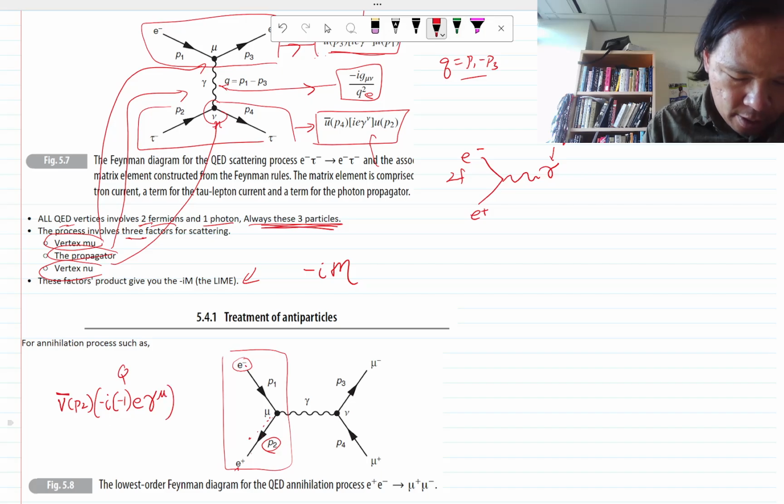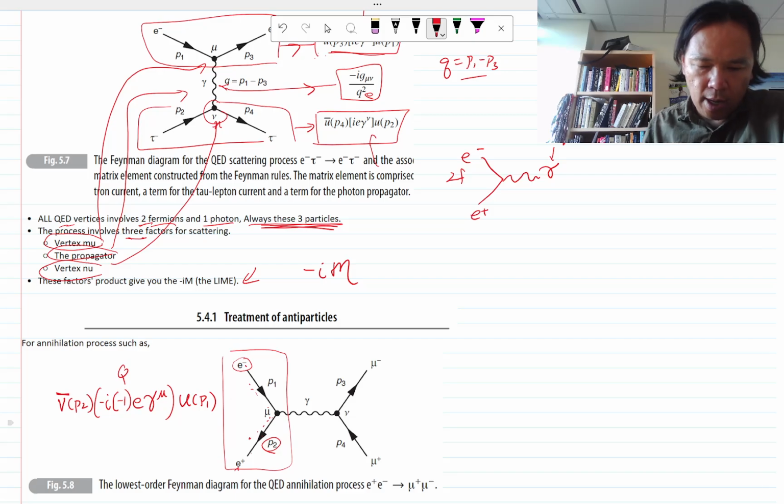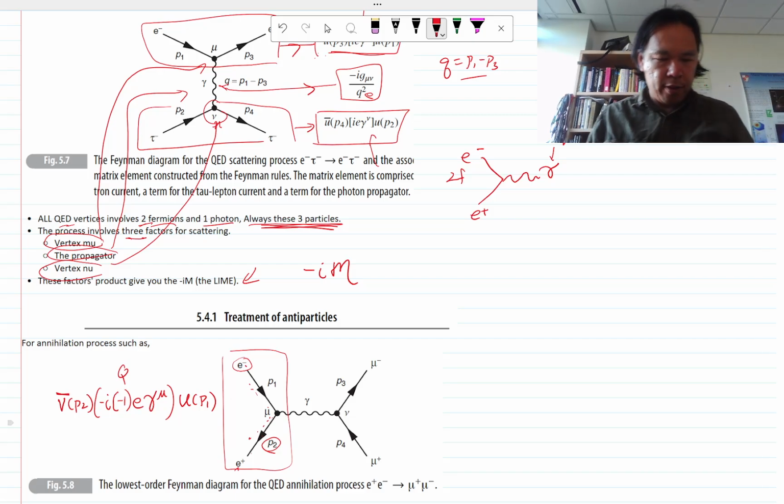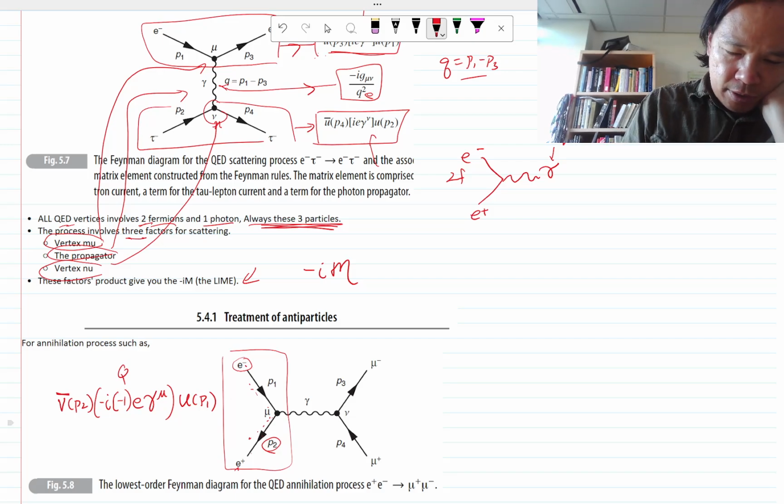Following this back one more time, we end up with the electron, which has momentum p1. Since this is a particle, we use a u, and since this is the incoming particle, we don't take the adjoint.